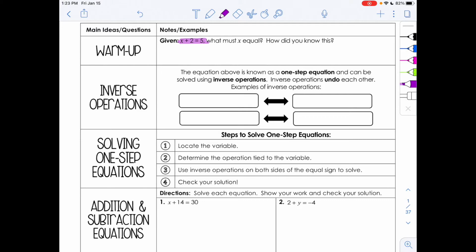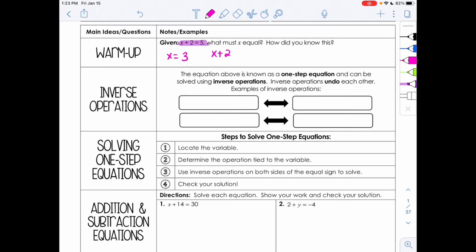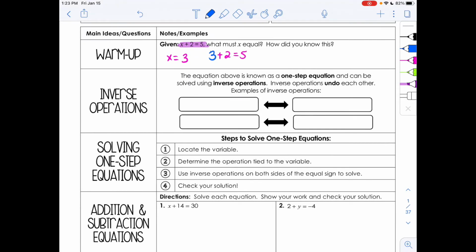And when we look at this one, x plus 2 equals 5, we know that x must equal 3. How do I know this? Because if I take x plus 2 equals 5 and I replace x with 3, 3 plus 2 does equal 5. So that's how I know that x must equal 3.